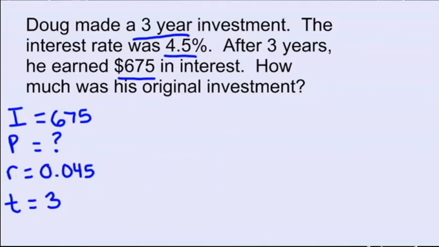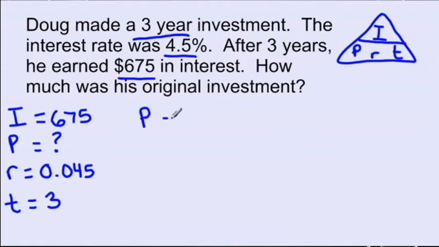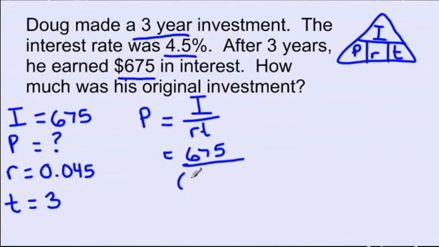If we want to find our P value, remember our triangle, I, P, R, T. If we want to find P, our equation would be I divided by R times T. So plug in what I know. I is 675. My R is 0.045.